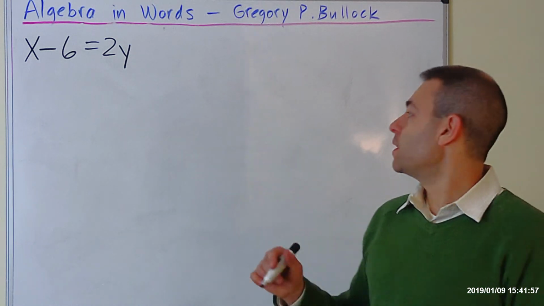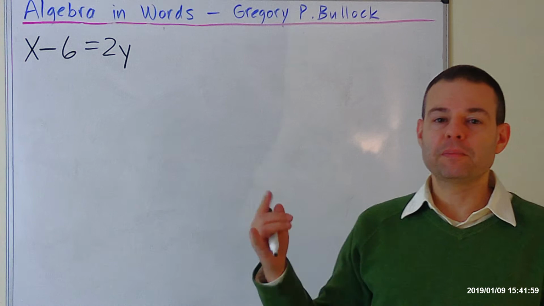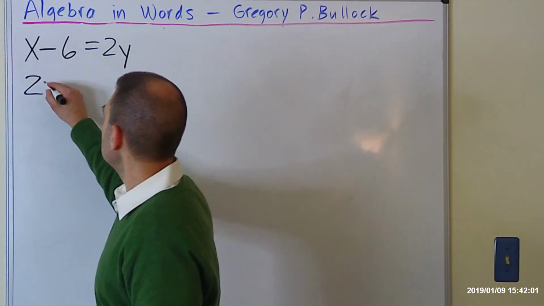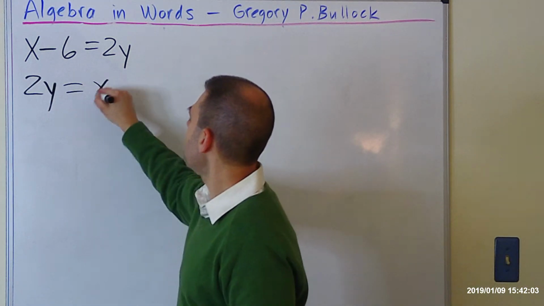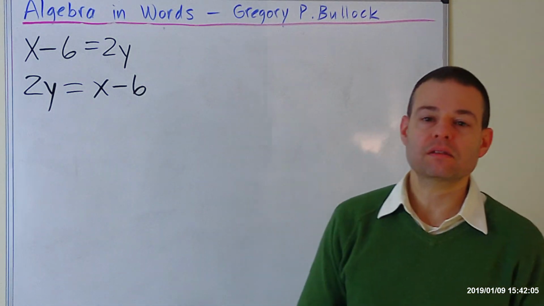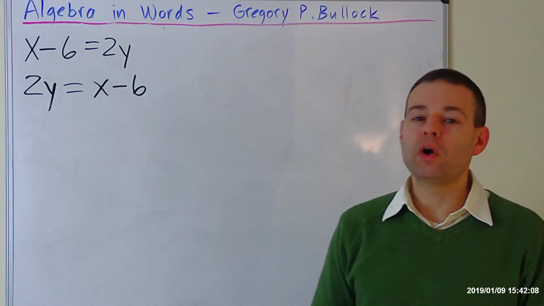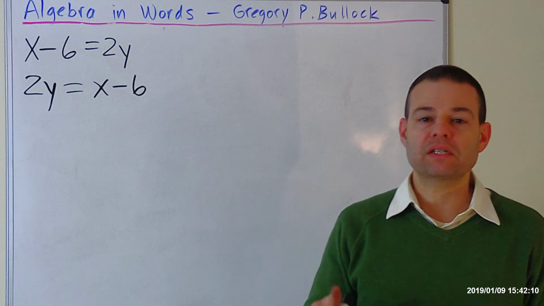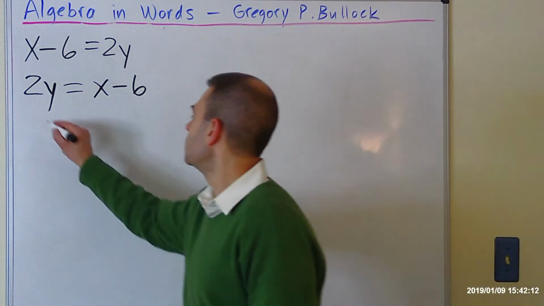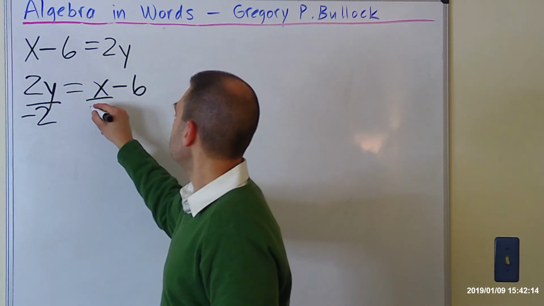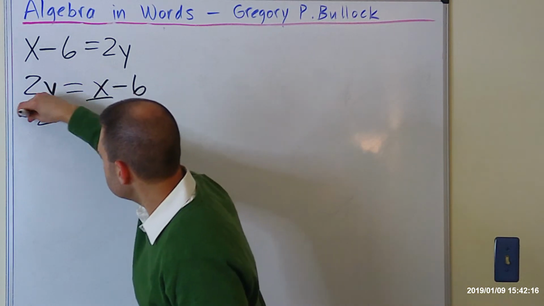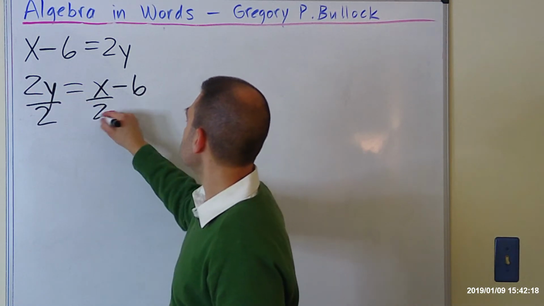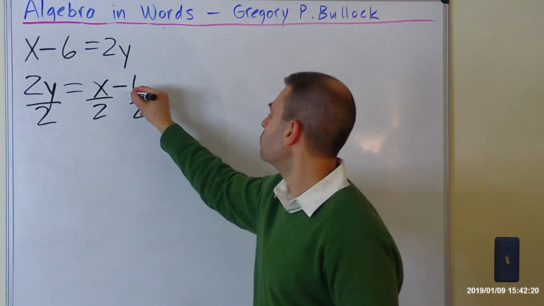What we're going to do here is, you don't have to do this, but let's flip sides. So we have 2y is equal to x minus 6. And now we always want y to have a coefficient of positive 1 to be in slope-intercept form. So let's divide all terms by 2.